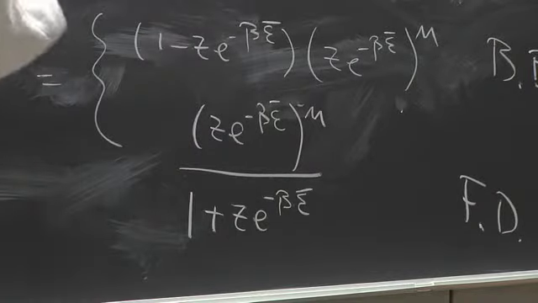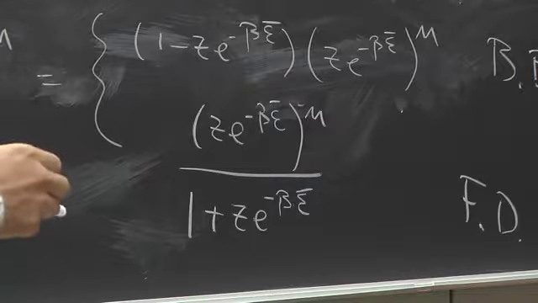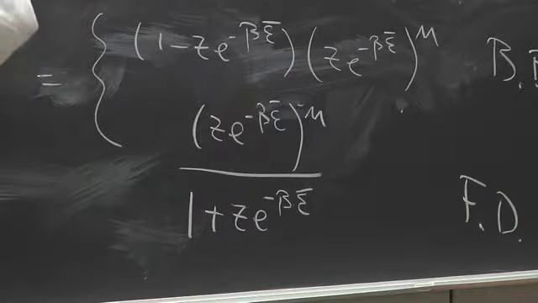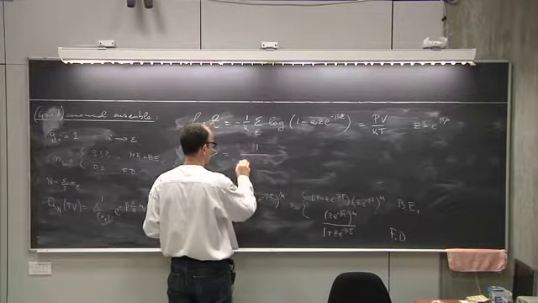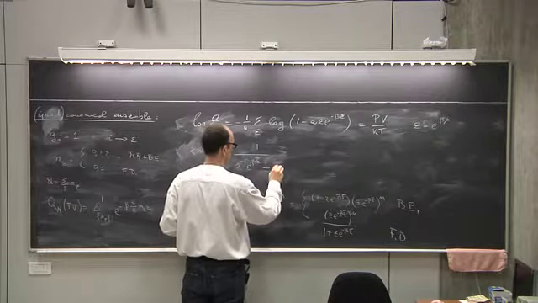Now it is very easy to compute the expected number of particles in the energy level epsilon bar, and this will be given by essentially 1 divided by z to the minus 1 e to the beta epsilon bar minus a.